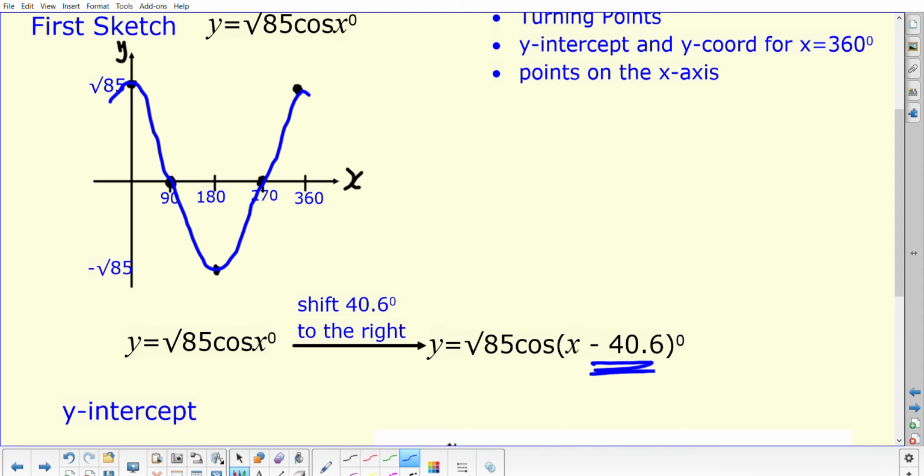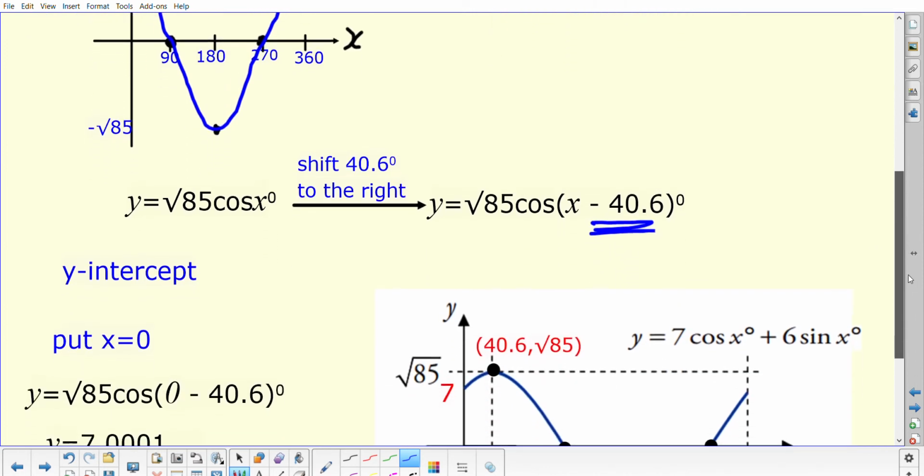You should know from the first topic that we did after the summer, which was on functions, and you looked at how you can connect between graphs. So this minus 40.6 inside that x means a horizontal shift, and the minus means to the right.